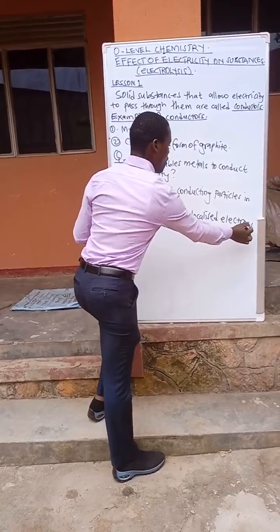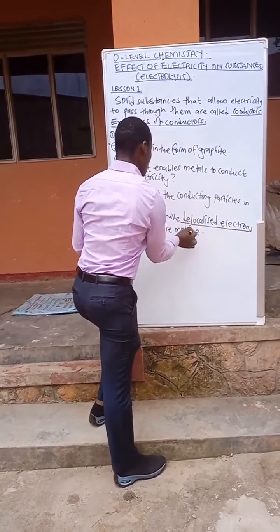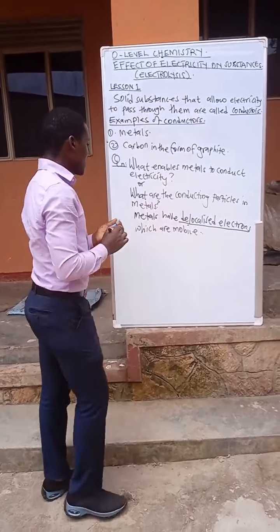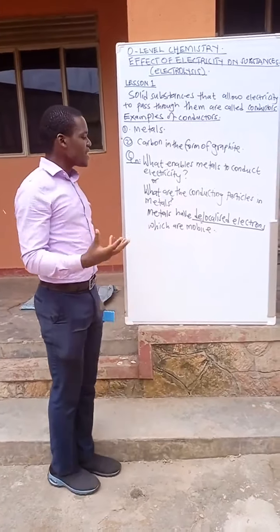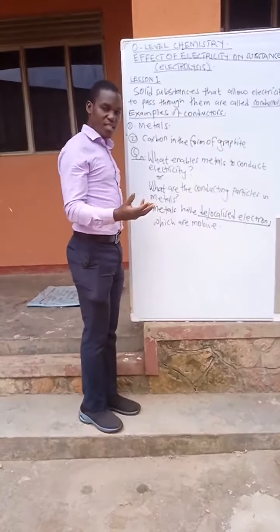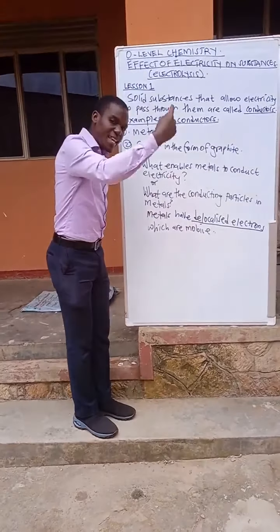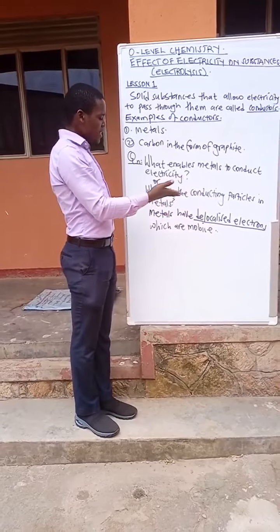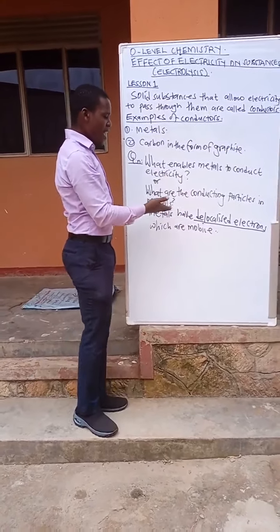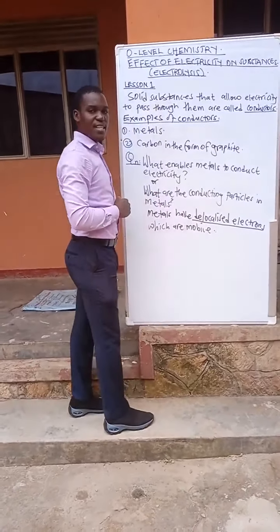So I want you to know that the delocalized electrons are the conducting particles in the metals. If any substance is to conduct electricity, it must have the particles that enable it to conduct electricity. And for the metals, they are the delocalized electrons.